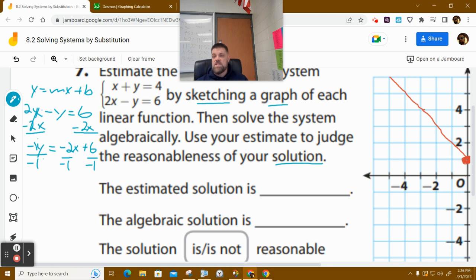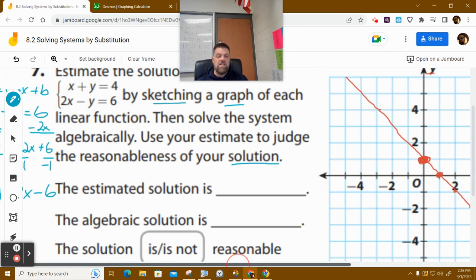Negative 1 divided by negative 1 is a positive 1y. Negative 2 divided by negative 1 is a positive 2x. And then 6 divided by negative 1 is a negative 6.